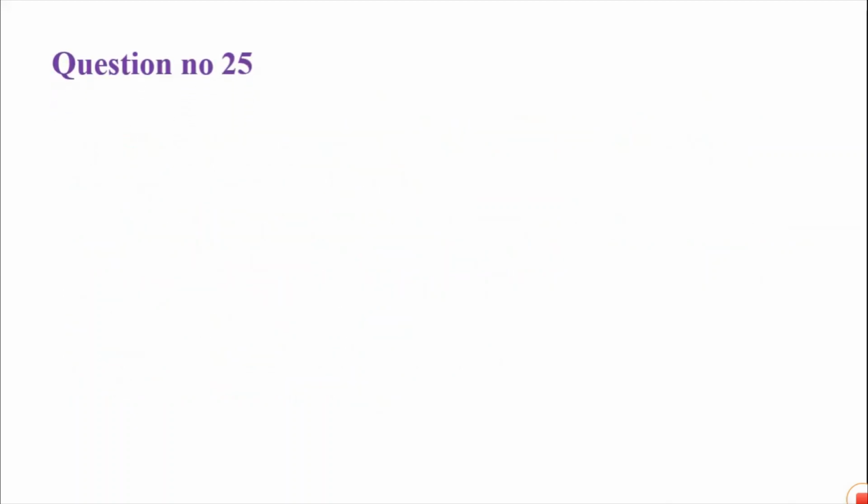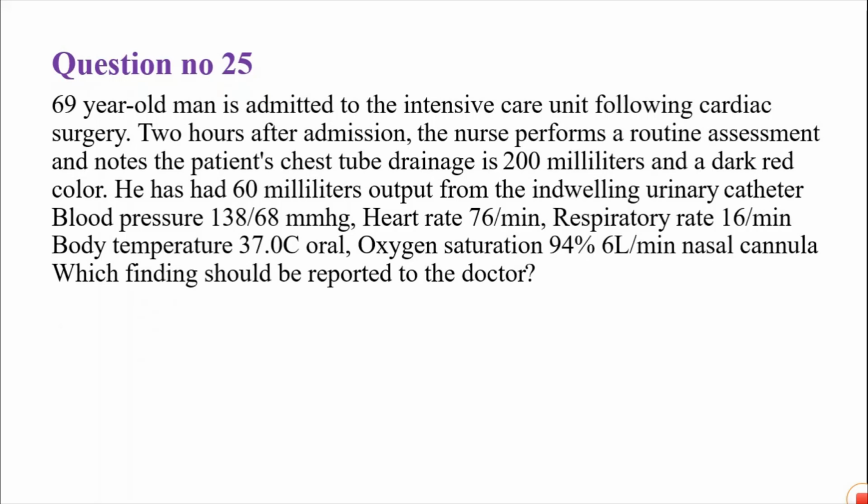Question number 25. A 69-year-old man is admitted to the intensive care unit following cardiac surgery. 2 hours after admission, the nurse performed a routine assessment and notes the patient chest tube drainage is 200 milliliters and dark red color. He has had 60 milliliter output from the indwelling urinary catheter.